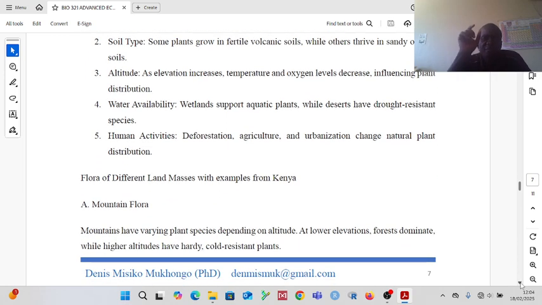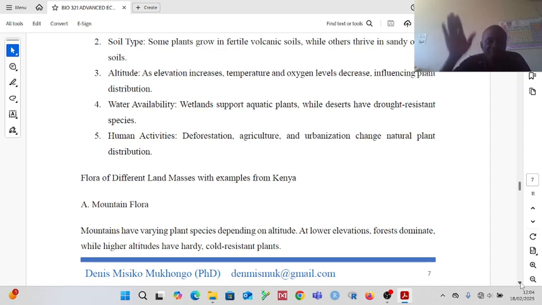So the flora of different land masses in Kenya, when we have examples from Kenya, then we are talking the mountain flora. So the plants you find in mountains. Mountains will have varying plant species on the basis of their altitude. At lower elevations, hapa chini ya mlima, utapata forests dominating.